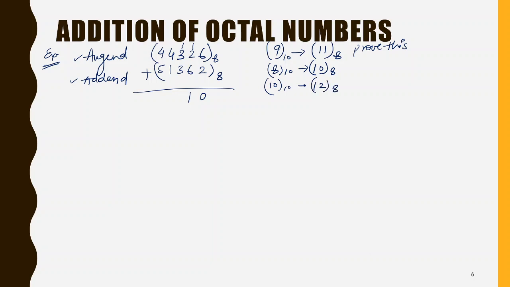The maximum that you can get from adding two octal digits is 7 and 7.